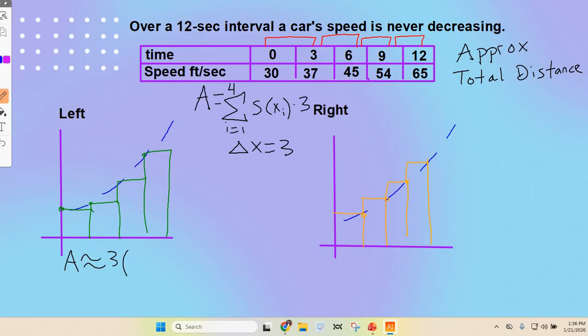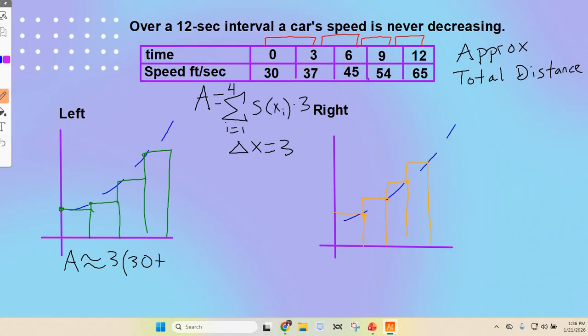Okay. So then for my first interval, we're going from 0 to 3. So what's my x value that is the left of that interval? 0. Yep, not a trick question, it's 0. And then what's our y value, or our speed value that's associated with 0? 30. So that's going to be our first term. Then my next interval would go from 3 to 6.